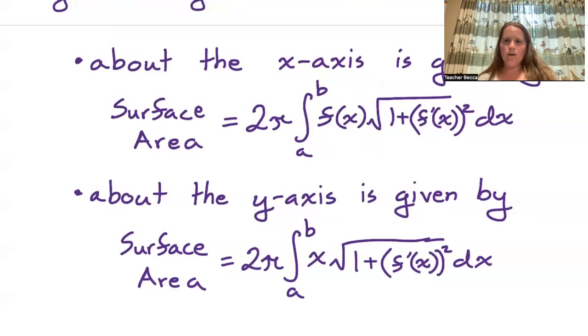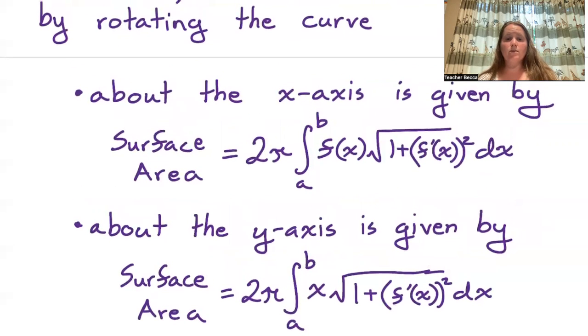So ultimately, we can just jump to these two formulas when we go to solve for the surface area of the rotational solid formed by rotating a curve about either the x or y axis. In the next video, we will look at a couple of surface area problems.